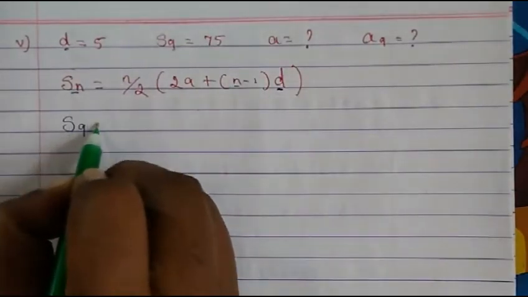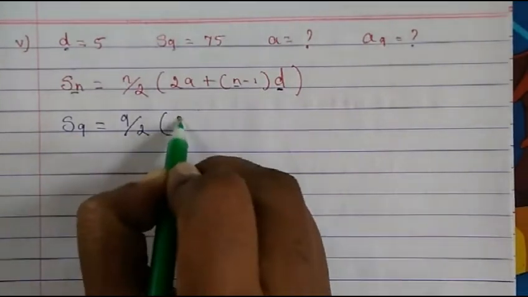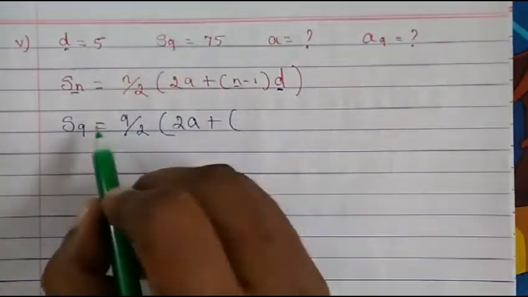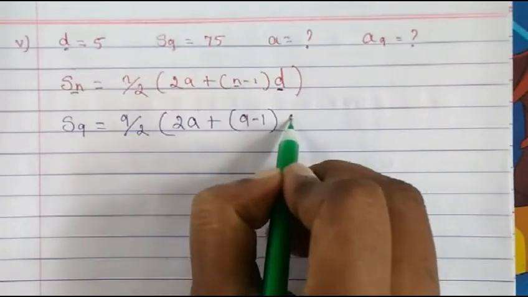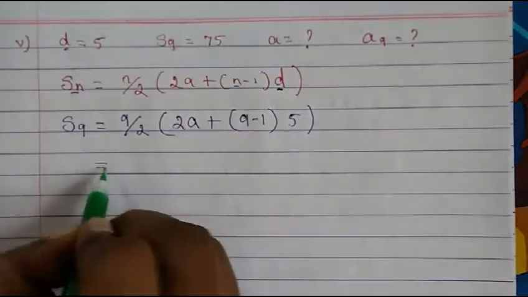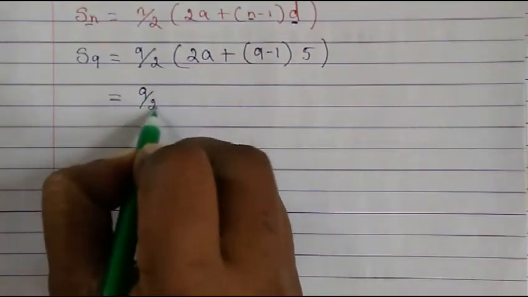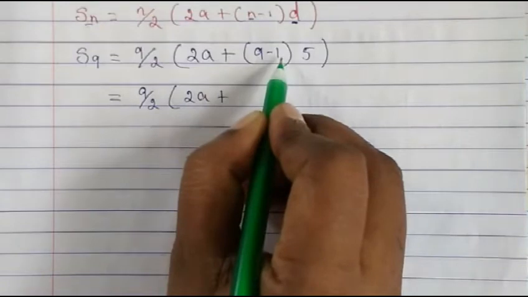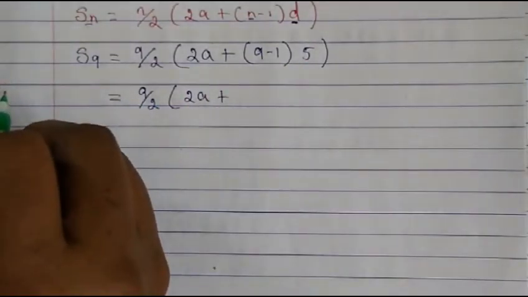So S9, n is 9 upon 2, then 2a plus n minus 1, n is 9 minus 1, and d is given to us, 5. So 9 upon 2, 2a plus 9 minus 1 will be 8, 8 into 5.